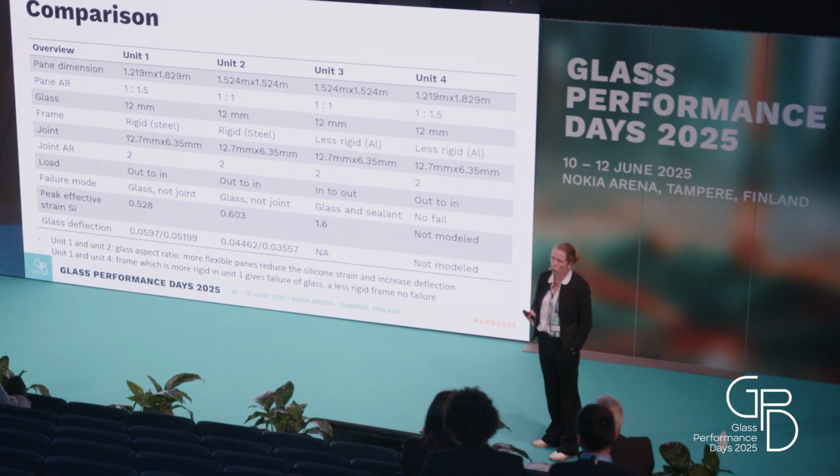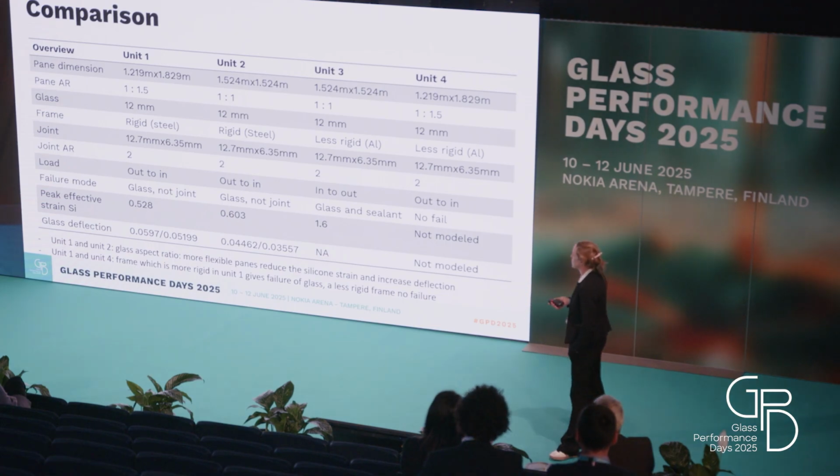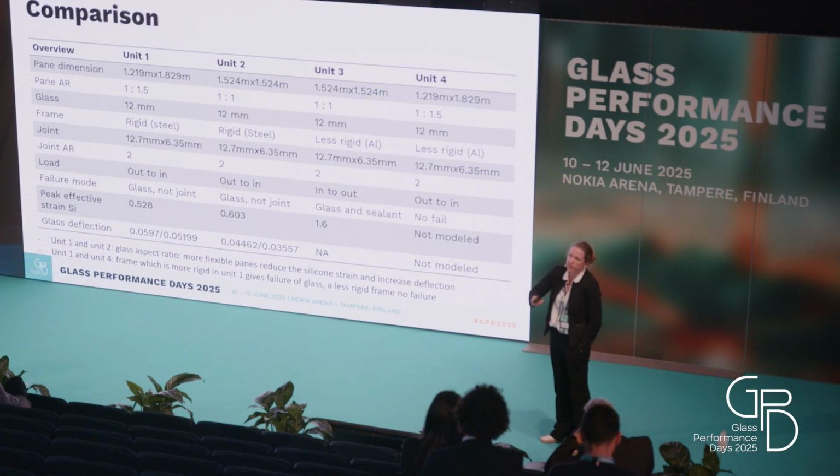Again, it was not the goal to really vary parameters, but we still see some information about the influence of the material for the frame and how it affects the flexibility of the pane and, as a consequence, the peak effective strain on the joint. And similarly, how the pane aspect ratio can affect it.